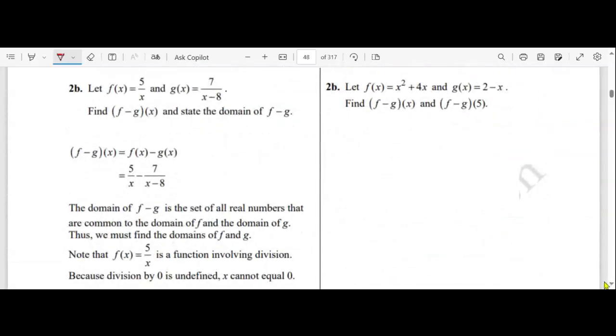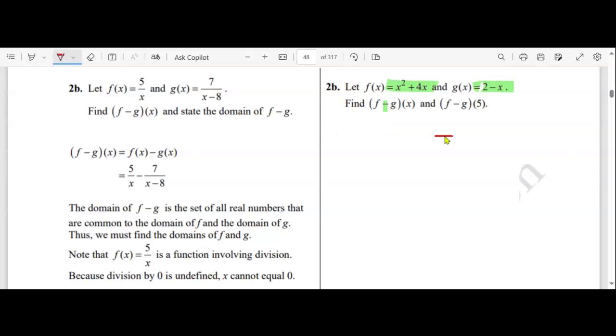Another one. Can you tell me what is f of x? x squared plus 4x. Can you tell me what is g? x minus 2x. Can you tell me what he's asking for? Minus. Yeah, we have to subtract, right?